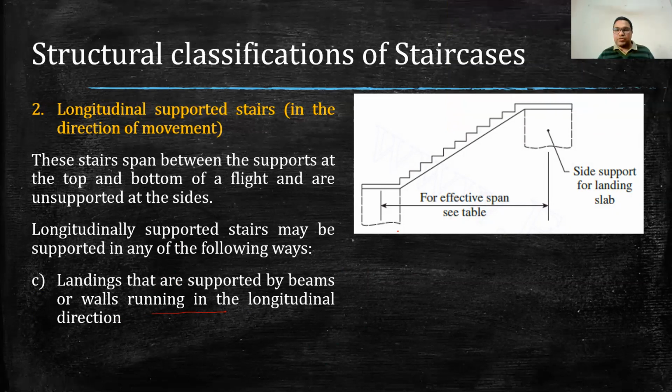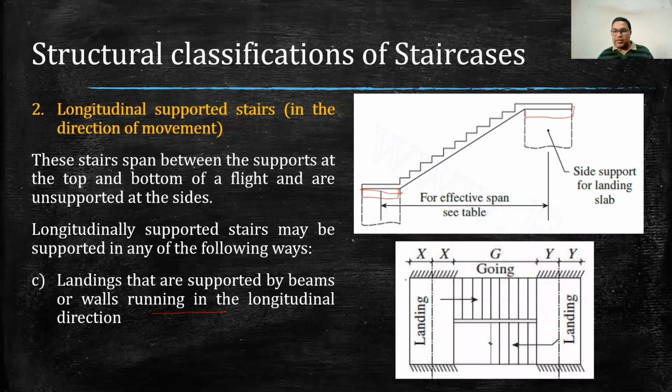Here you can see this is the beam provided parallel to the shorter span of the landing. Similarly, here also we have provided a beam at this end. In the plan, you will understand. So here we have provided a beam here, one beam here, then the second beam here, and this one here.